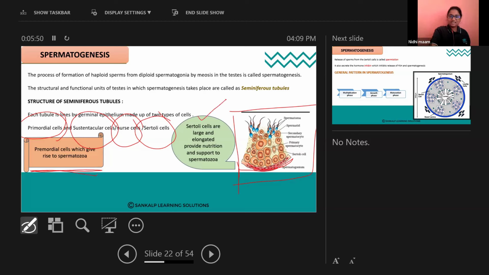The Sertoli cells, whose shape is like this, are involved in nourishing, giving nutrition to the developing sperms. The cells which are developing into sperms get nutrition from the Sertoli cells.